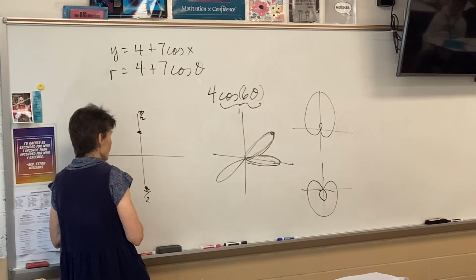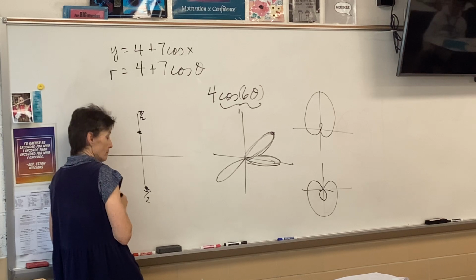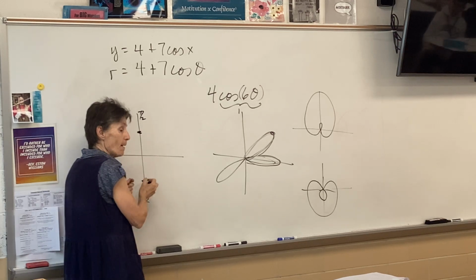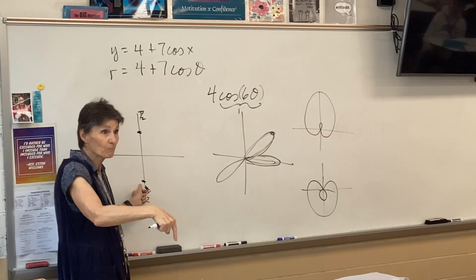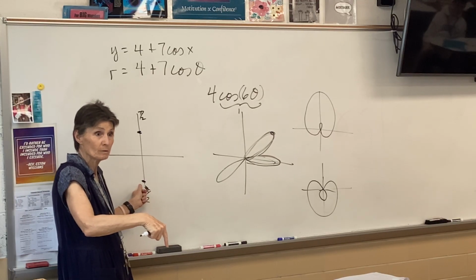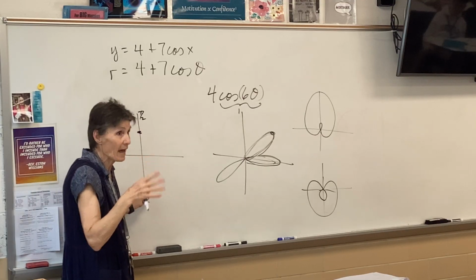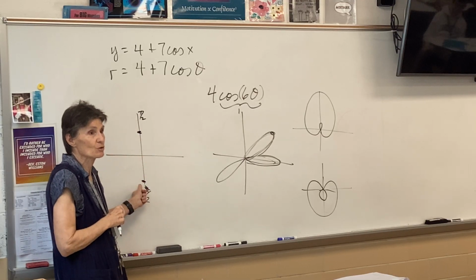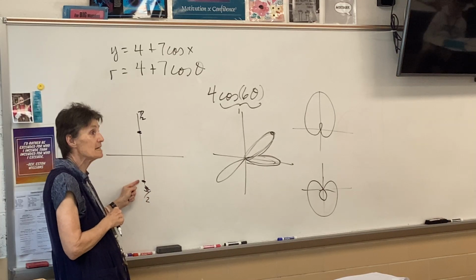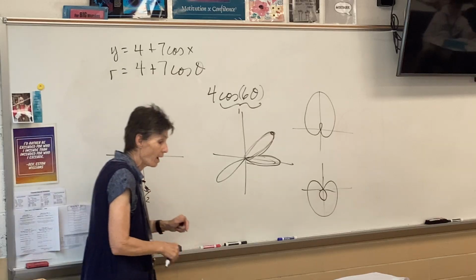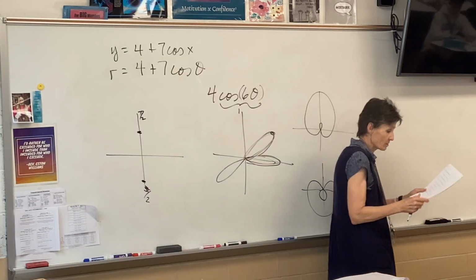What's the cosine of 3 pi over 2? It's also 0. So that gives me 4. But that 4 is down 4 because it's 3 pi over 2. So on the y-axis, that's -4. That's true. I have a point here at 4, and a point here at -4 on the y-axis.